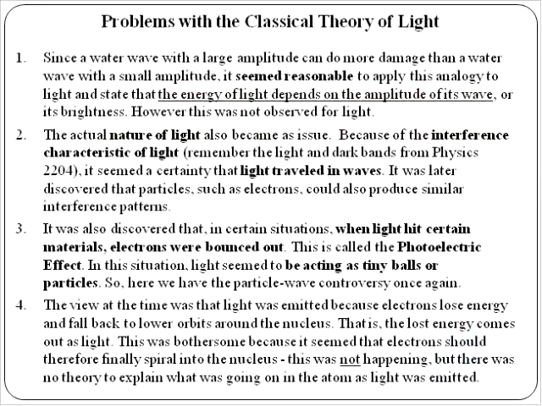So let's get started. You may remember from Physics 2204, there was a little bit of talk about the nature of light. And there was a lot of debate over whether light was a particle or a wave.